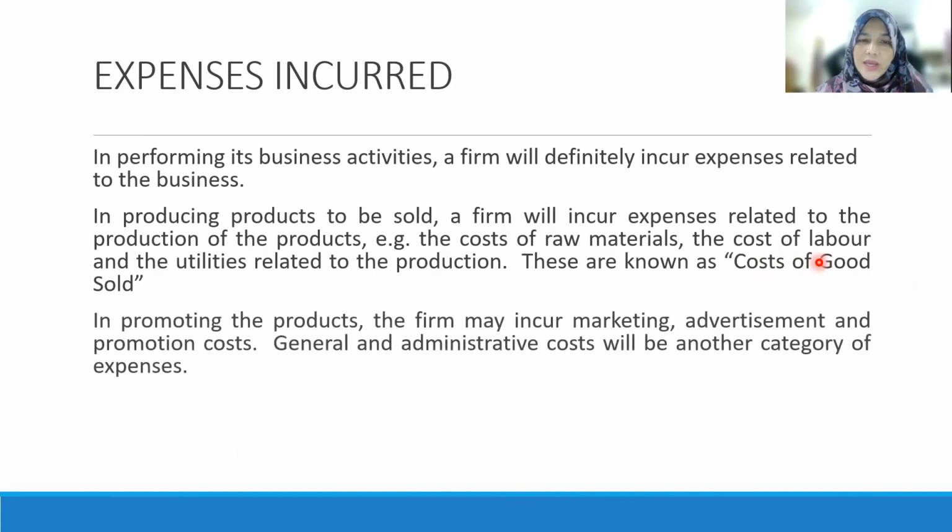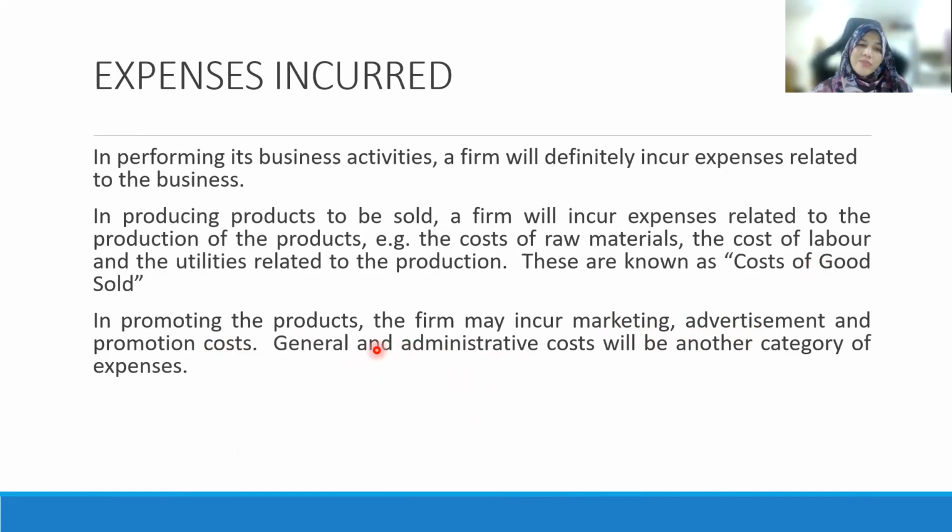In promoting the products, the firm may incur marketing, advertisement, and promotion costs. Sometimes it is clearly mentioned as marketing, advertisement, and promotion. Then they also will incur general and administrative costs.